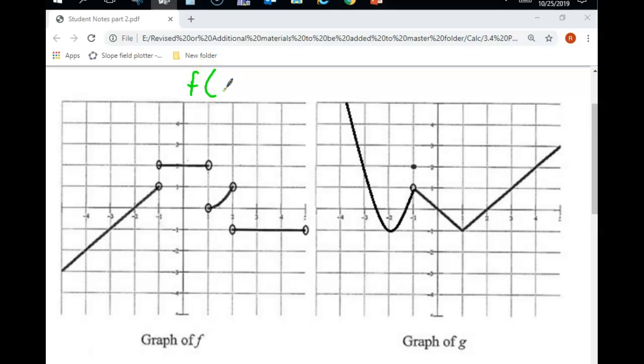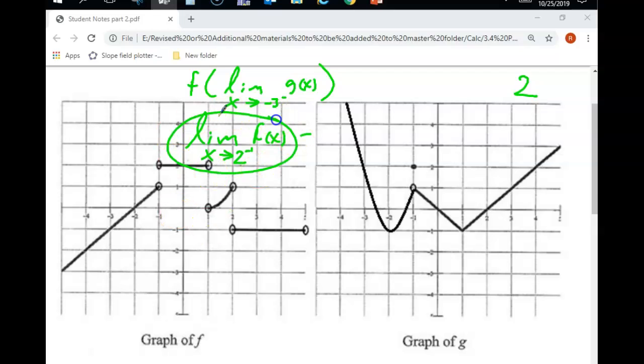So I had this, right? Let's say I had this. We had the limit as x approaches -3 from the left of g of x, right? Well, we know the answer was 2, right? So what that means is that we're finding the limit now of the f function as x approaches 2 from the left.